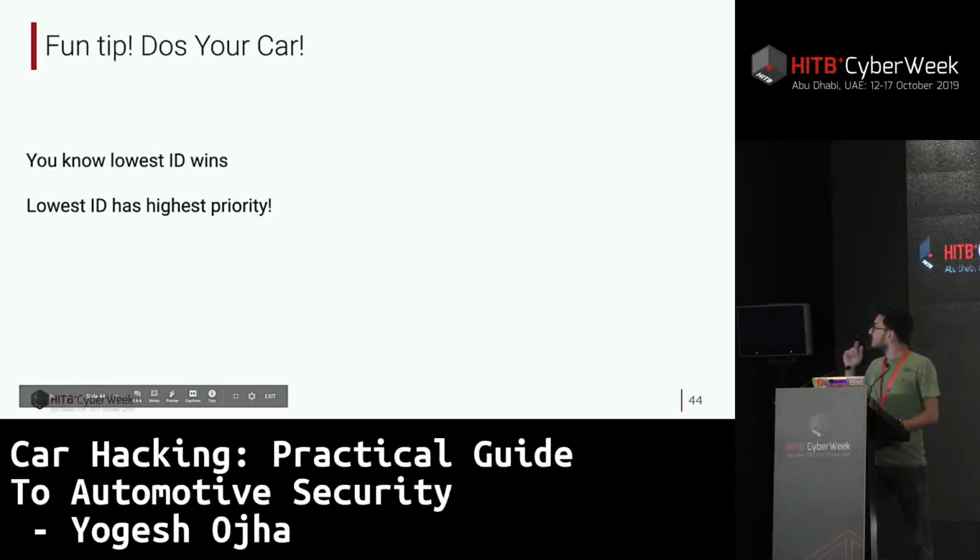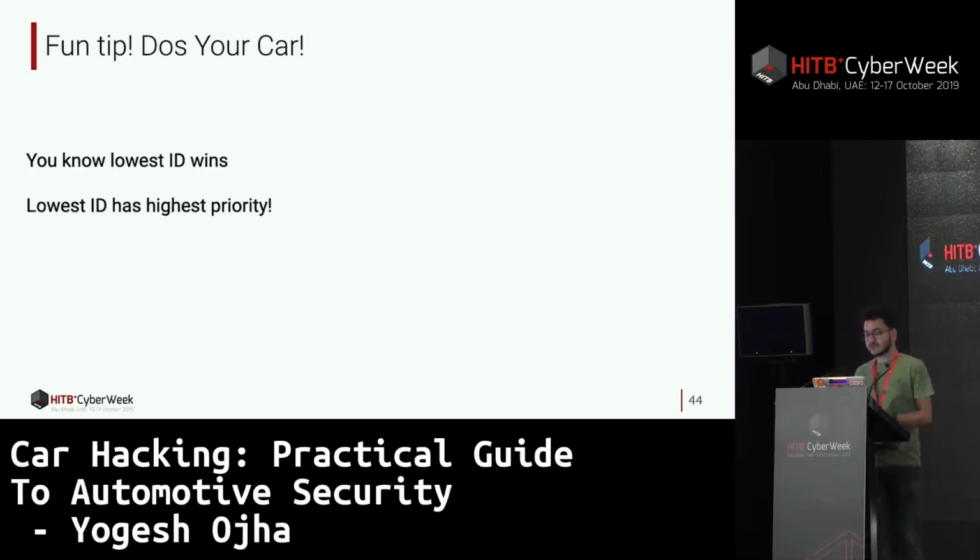So now there's a fun tip. If you really wanted to DoS your car, since you already know the lowest ID always wins: the way arbitration priority works in CAN is that the lowest ID has the highest priority, as I already explained earlier. When multiple nodes are sending, the lowest ID gets priority.